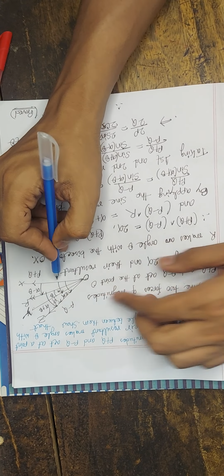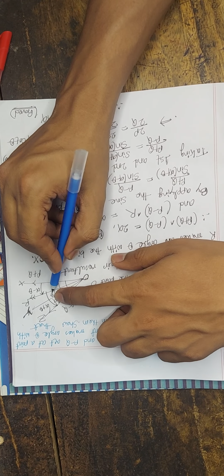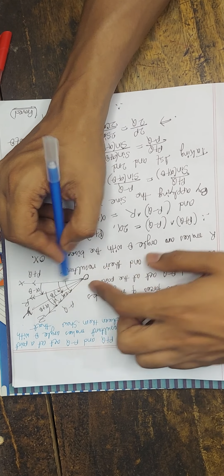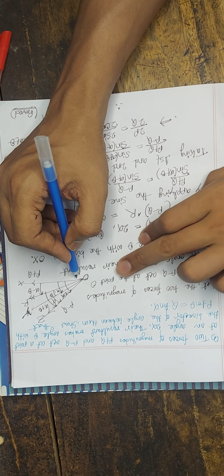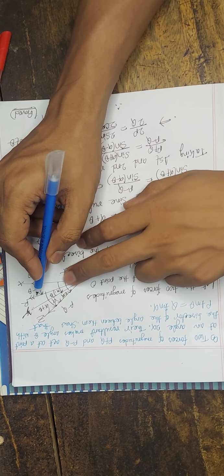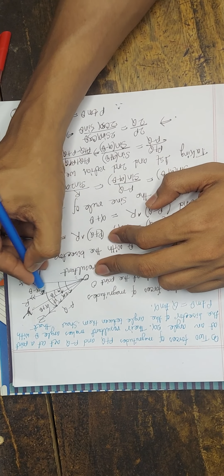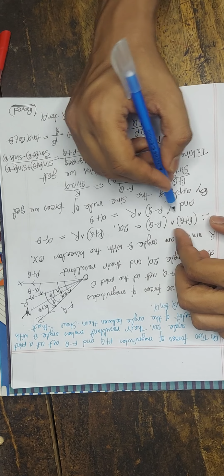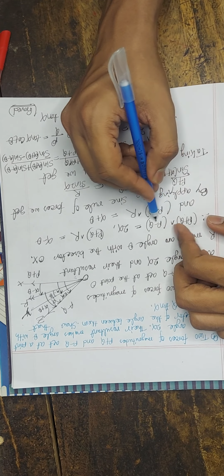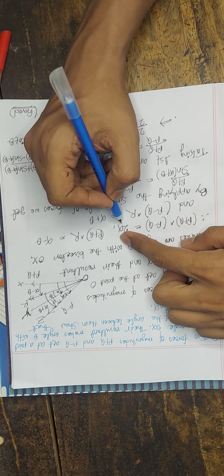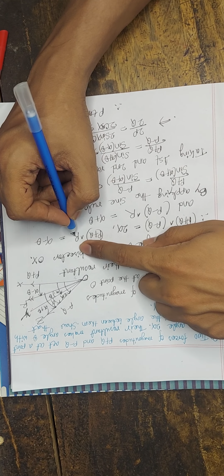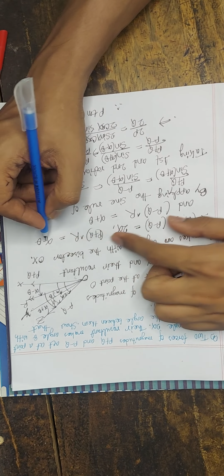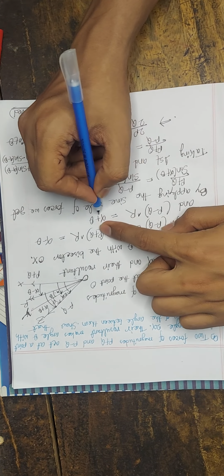This bisector makes angle theta with the line of their resultant, which acts along this line. The angle between P plus Q and P minus Q is twice alpha, and the angle between P plus Q and R is alpha minus theta, and between P minus Q and R is alpha plus theta.